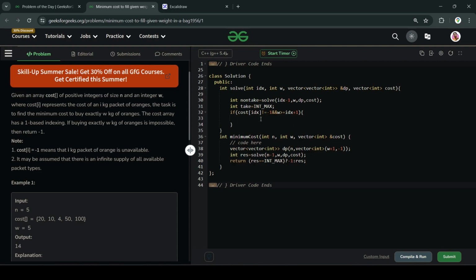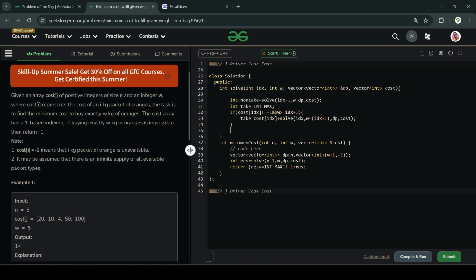So in the next part, let us calculate the take part. That is, take is equal to the current cost, that will be cost of idx plus the function solve, it will be idx as it is, weight will be reduced, that will be weight minus idx plus 1, and dp will be same, cost will be same.